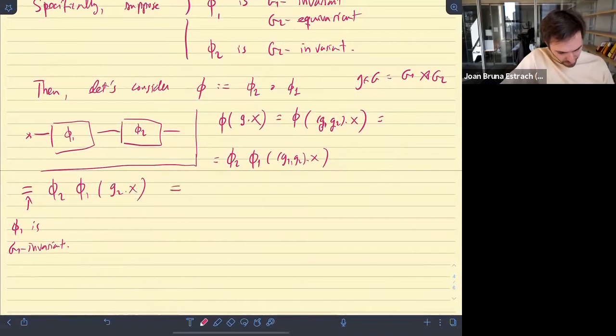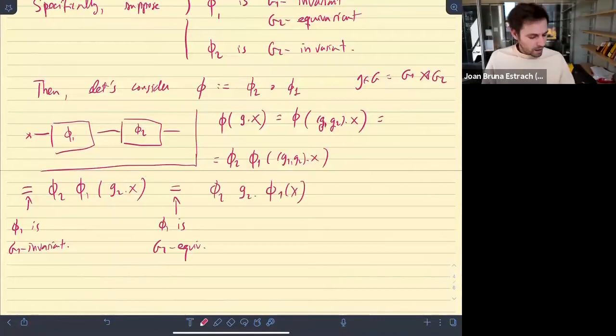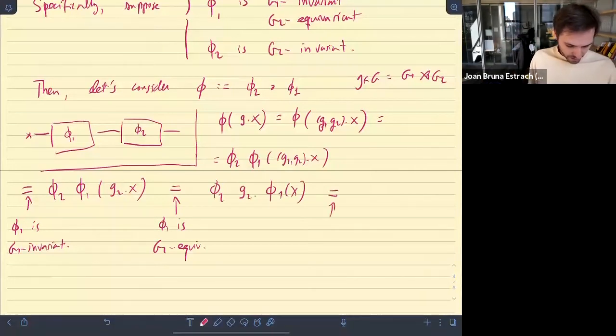But phi1 also has equivariance with respect to G2, which means that it commutes with the action of G2. Because phi1 is G2 equivariant, this is the same as phi2 of g2 times phi1 of x. And now you see where we're going. We apply the G2 invariance of phi2, and we get that this is the same as phi2 of phi1 of x, which is phi of x.